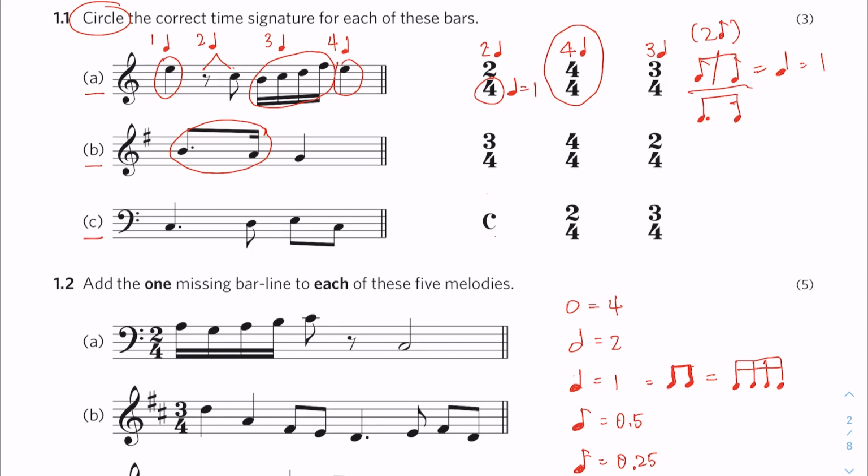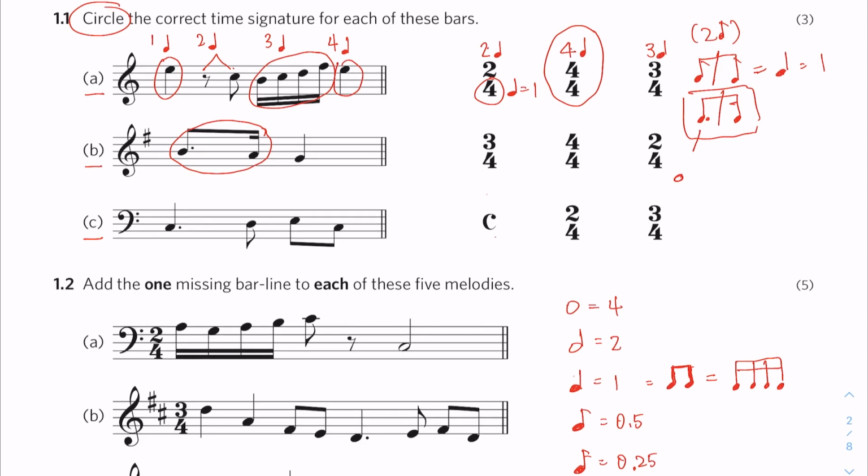At the bottom here, they are not separated equally. For the first part, I've got this quaver and the dot here. The dot always means half of the note that it follows. The note it follows is a quaver, so half of a quaver is a semiquaver. Then next here, I've got another semiquaver.